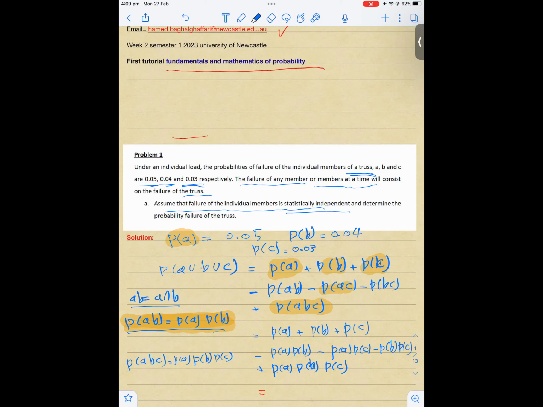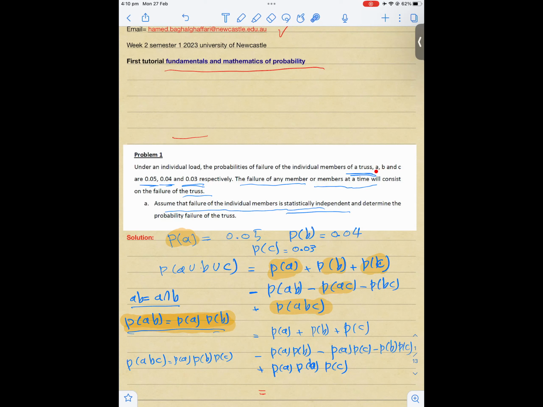Okay, so today's topic will be about the fundamentals of the mathematics of probability. So we see that we have a truss, and it depends on three docks, or whatever we call them, A, B, C. So you see this, okay?